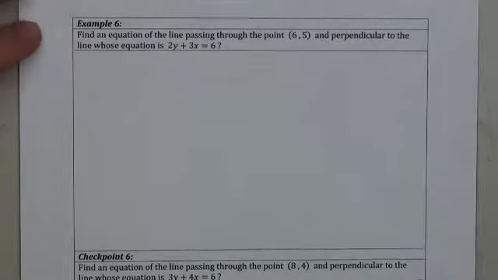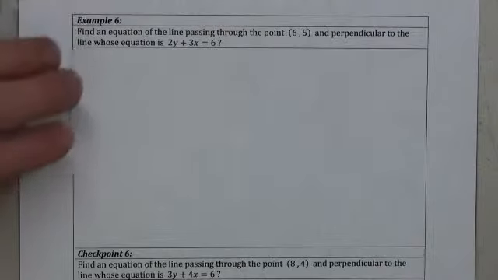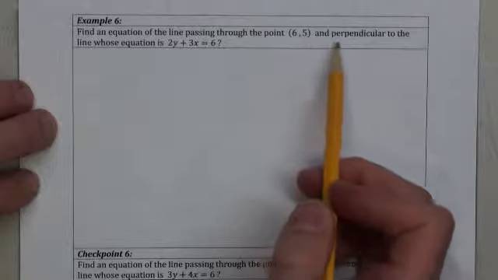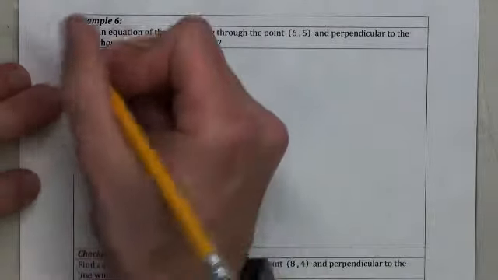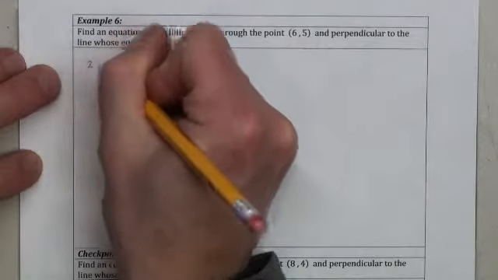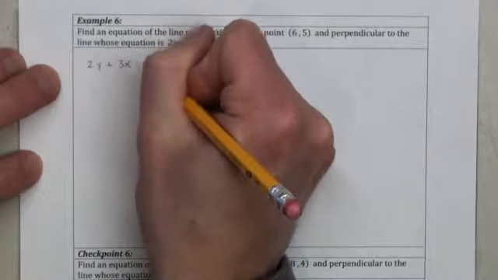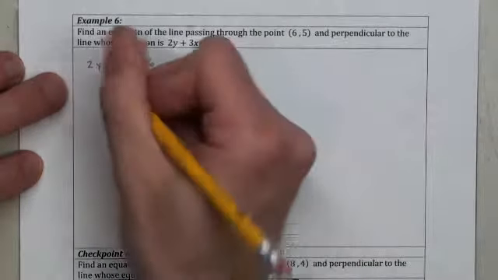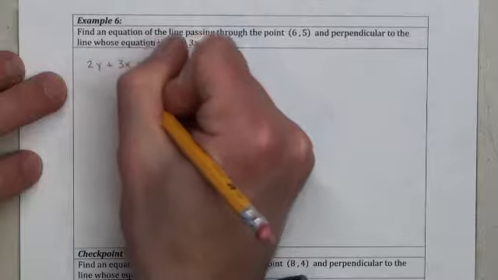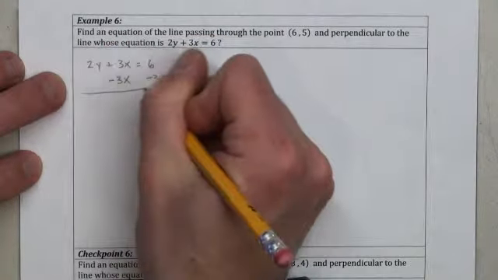And let's do the last problem here. Find an equation of the line passing through the point 6, 5 and perpendicular to the line whose equation is 2y plus 3x equals 6. Alright, we got to get this in y equals mx plus b form. So first let's get our x term over to the right side.